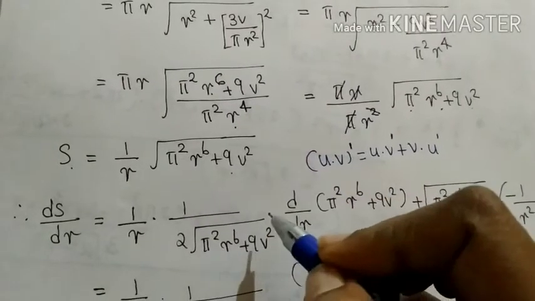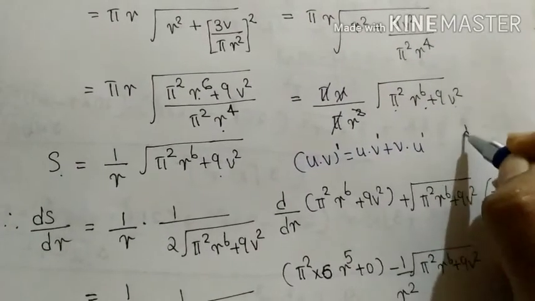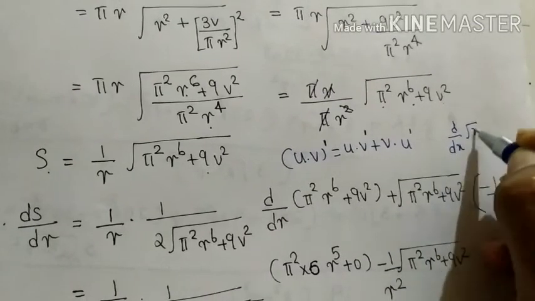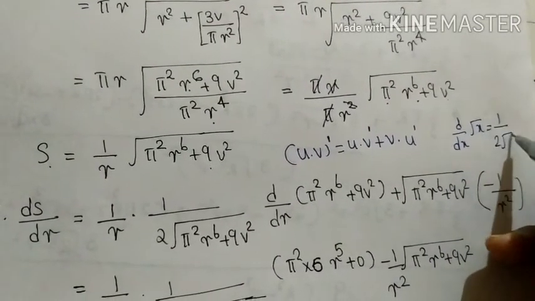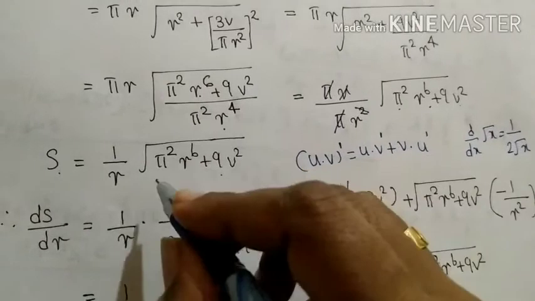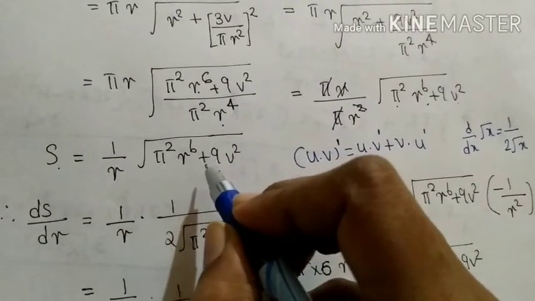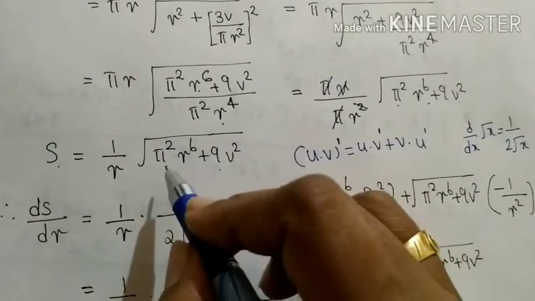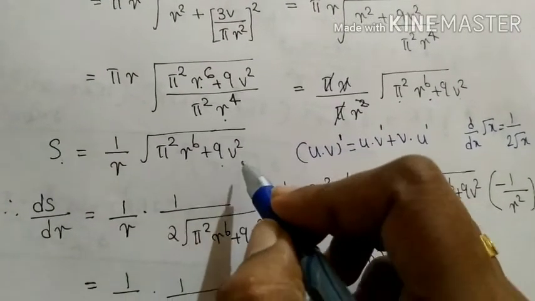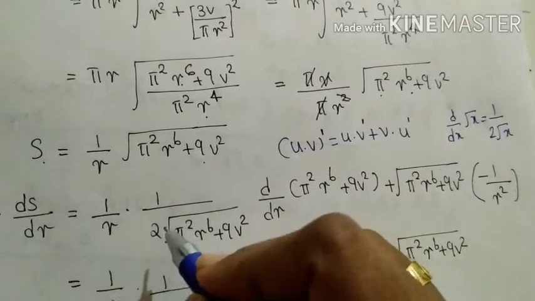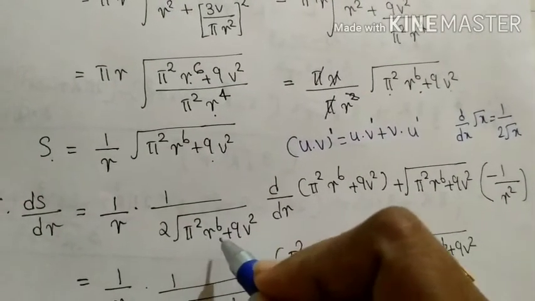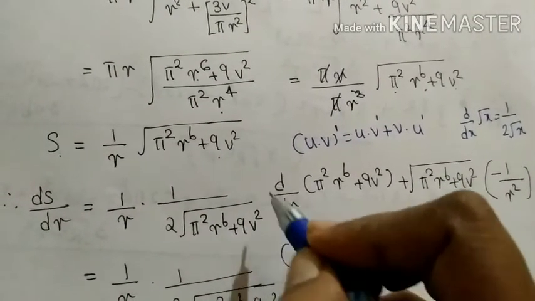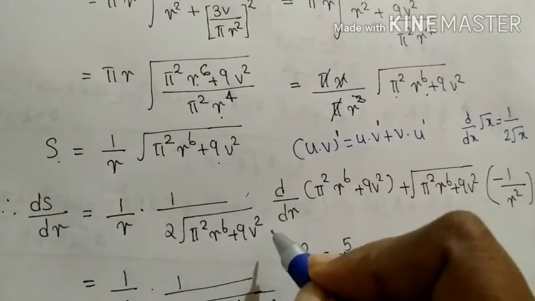Derivative of second function means we know that the standard derivative of root x is 1 by 2 root x. So replacing this x by pi square R raised to 6 plus 9V square, we get derivative of root of pi square R raised to 6 plus 9V square as 1 divided by 2 root of pi square R raised to 6 plus 9V square into, here this is another function.